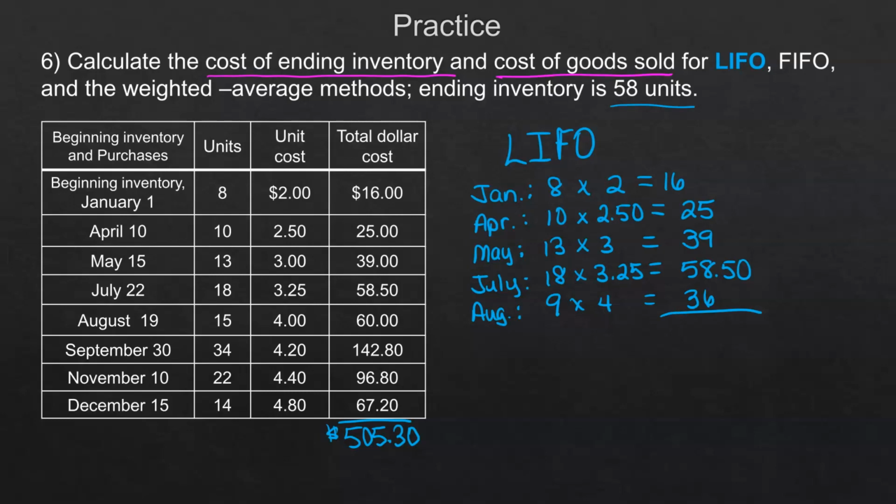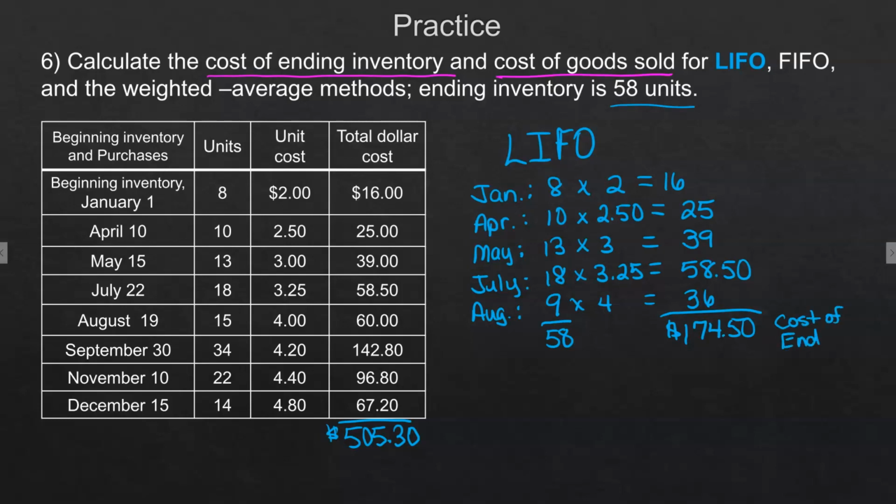So this is going to be our cost of ending inventory, and you can calculate this, right? Add this up and see that you have 58, and we need to have that total number of units in our ending inventory, and the cost then is $174.50, and that's cost of ending inventory.